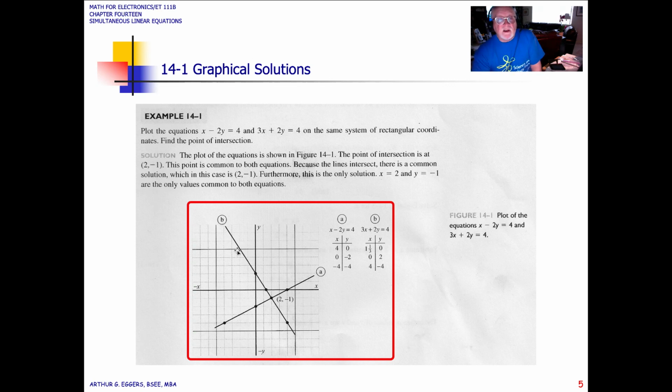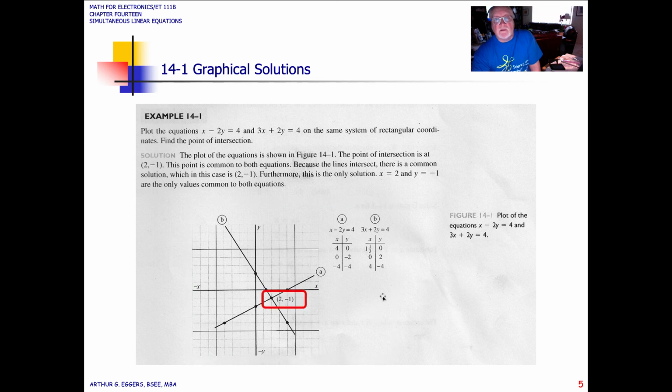So you can see here A and B intersect at some point, and that point is 2 and minus 1. So this is telling us at 2 and minus 1, we have a unity there between the two expressions, the two equations, where both equations can solve for that same set of coordinates.